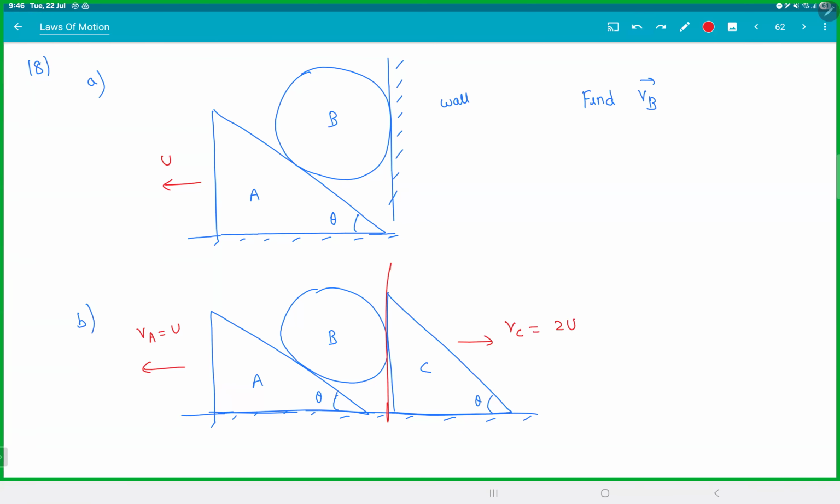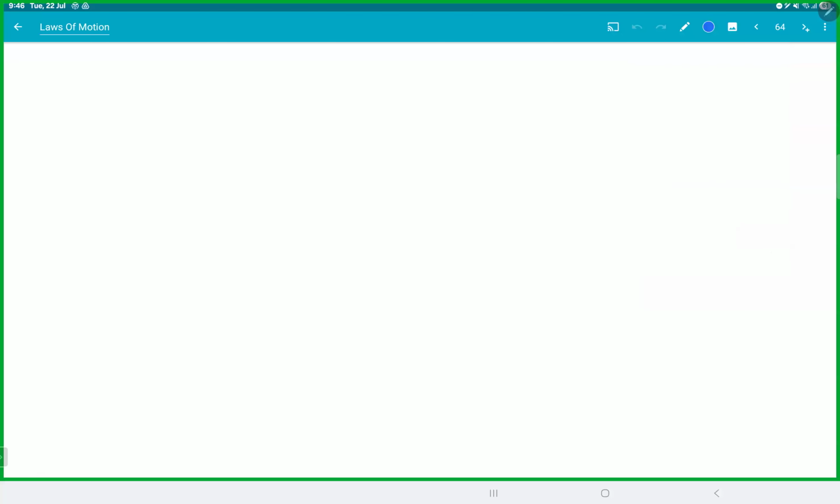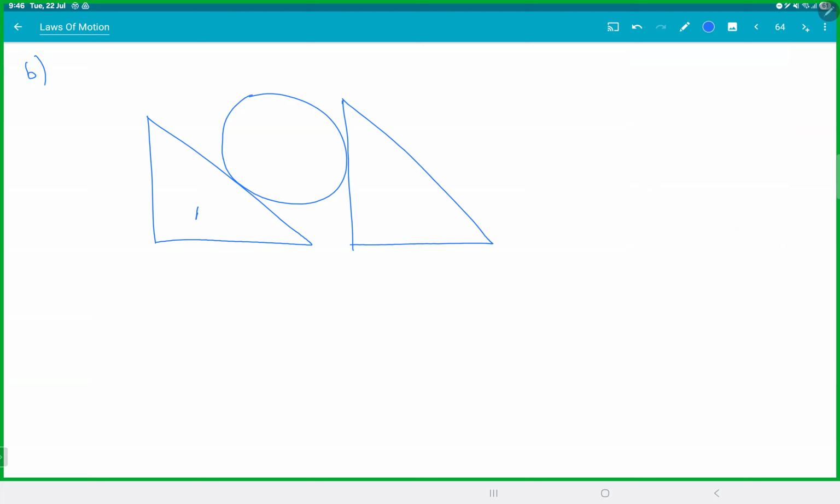Then the problem A and B will become the same, isn't it? So that is one thing. When you see multiple things moving, always ask yourself, is there any possibility I can stop one of them? Sometimes you can, sometimes you won't be able to. Sometimes even if you stop, it really won't help you much. But in this case, you can stop.